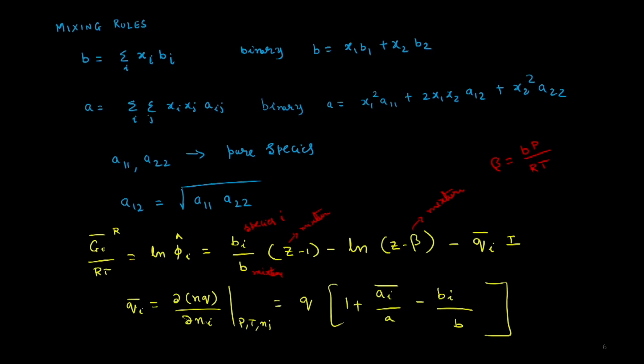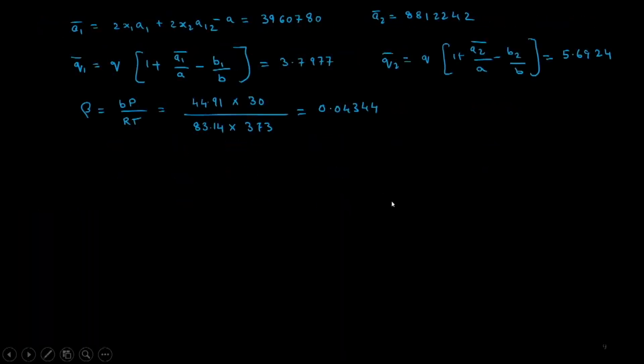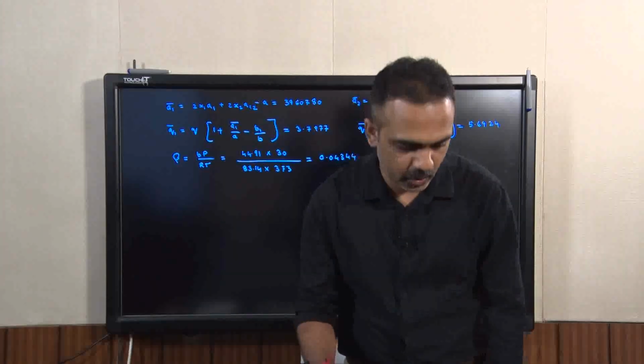And if you recall, I is also related to Z. So I think the next step in this calculation is to find the value of Z at the given conditions. To find the value of Z, the compressibility factor at the given temperature and pressure, if you recall, what we need to do is solve the cubic equation. We obtain the roots of that cubic equation.